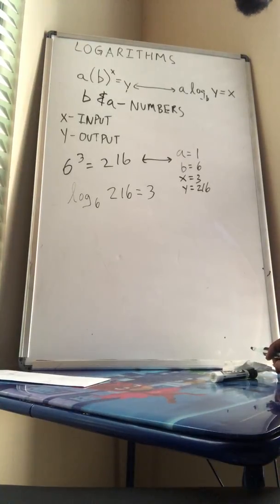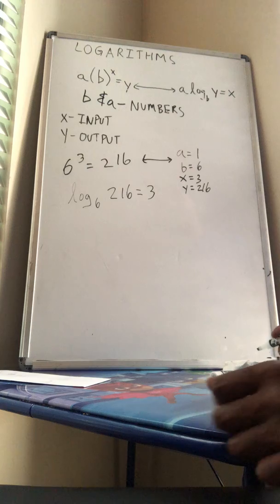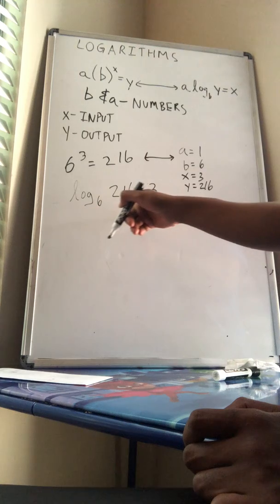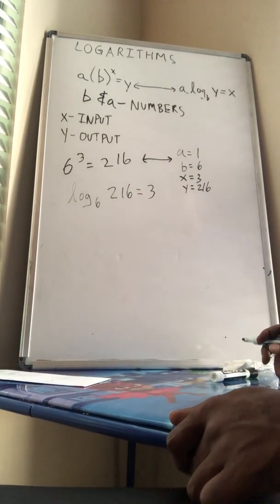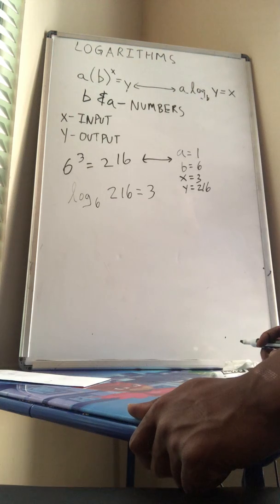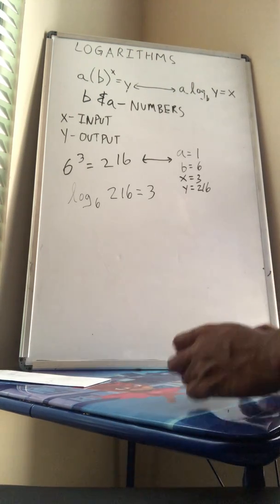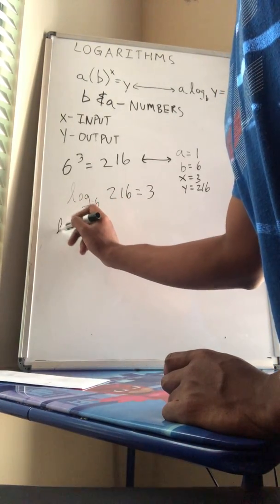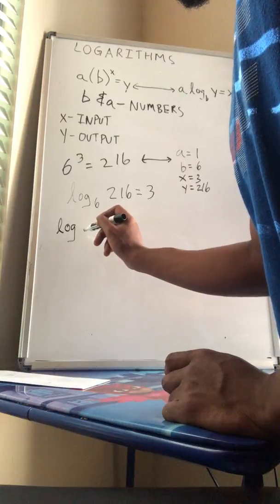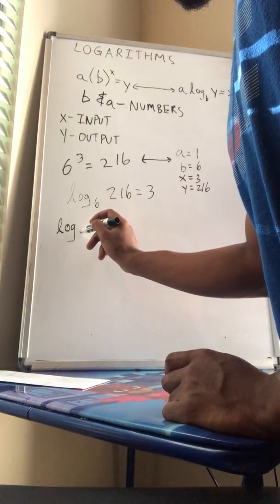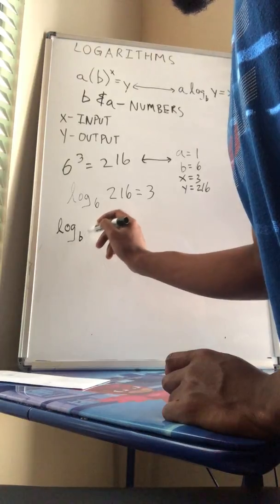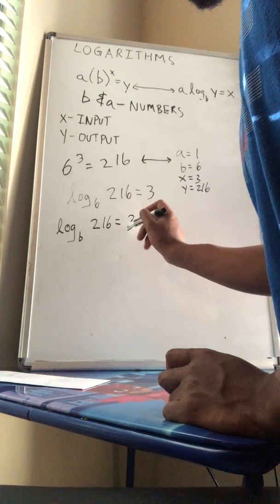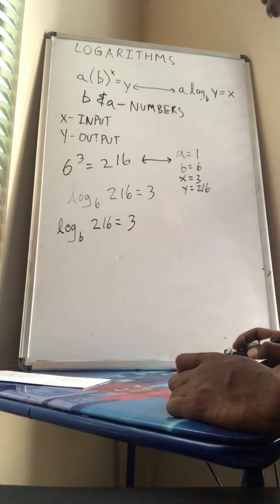So the best way I find to solve problems or to set up logarithmic functions is to identify my a, b, x, and y, know which one I would need to solve for, and solve for it. So subsequently, let's say that you were solving for the base and you had log base b of 216 equals 3.